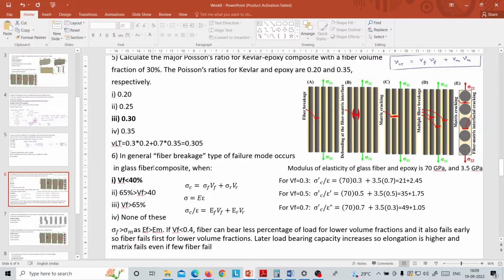For this, we'll see what the stress distribution in a composite is. Sir has already derived this formula in his lectures, that stress in a composite is borne by the fiber and the resin component, and the stresses in the fibers and the resin depend on the volume fraction of these materials.